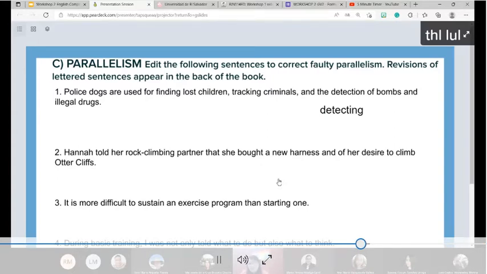Hannah told her rock climbing partner that she bought a new harness. So we have past, we also have past, and we have sentences, right? Hannah told her rock climbing partner that she bought a new harness. And her desire to climb other cliff. Do you think it's nice? Is it all right?